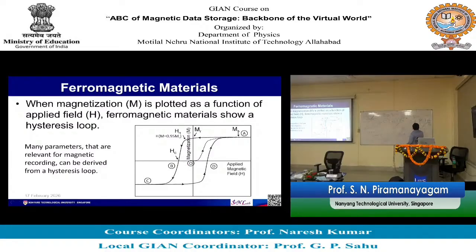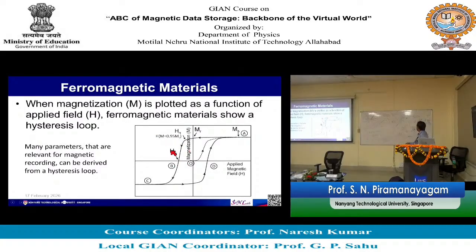At this field the magnetization is 0, and that field is called coercivity. At a certain negative field the magnetization becomes 0, and that field is what we call coercivity.